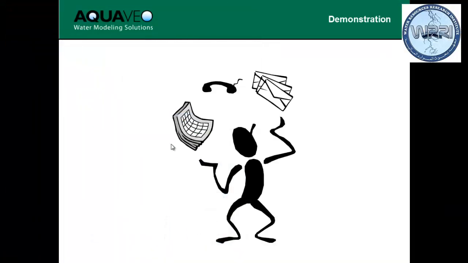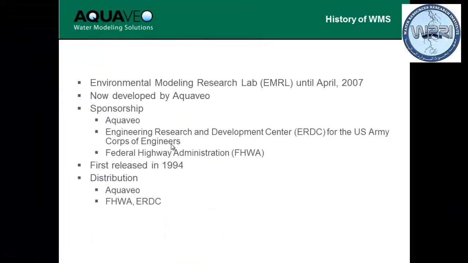So let me quickly give you a history of WMS. WMS was developed at BYU, that's in Utah, where I'm from, in the early 1990s, and it was first released in 1994.